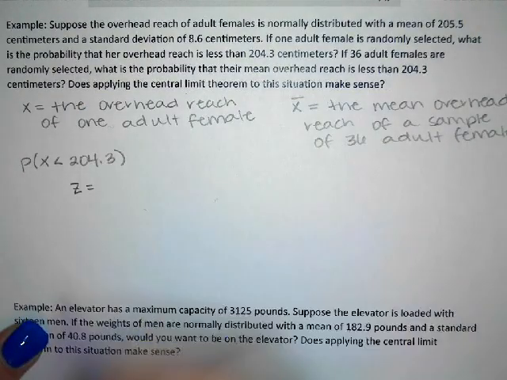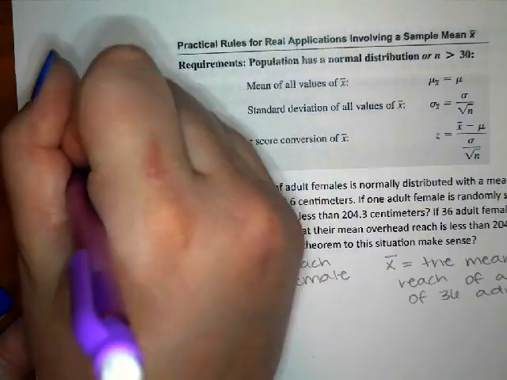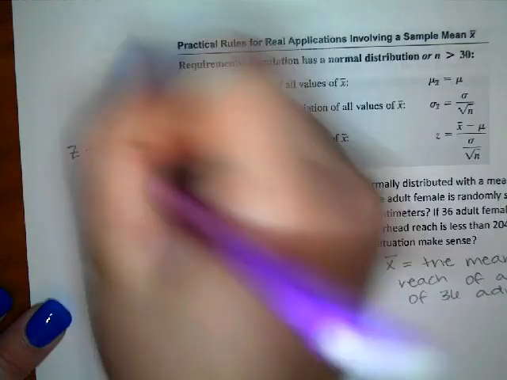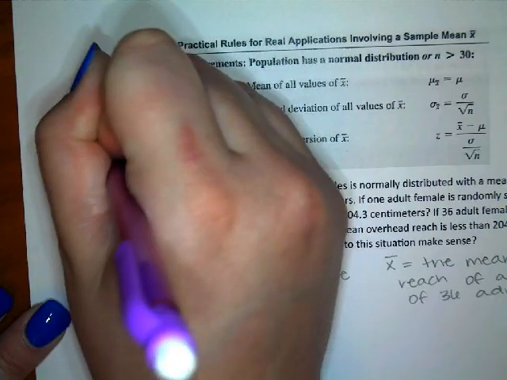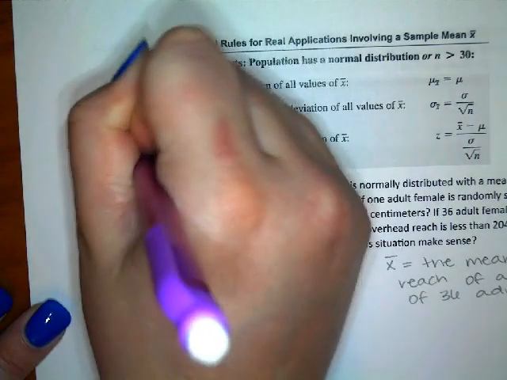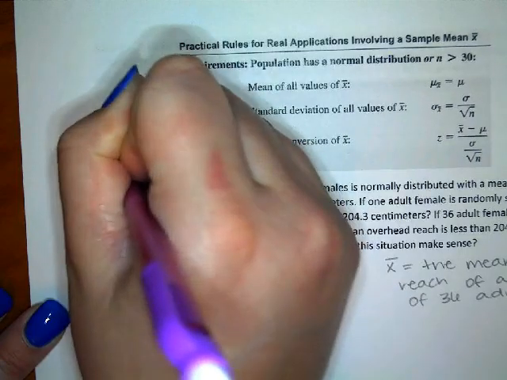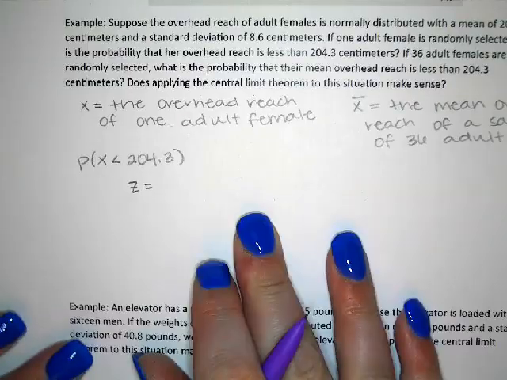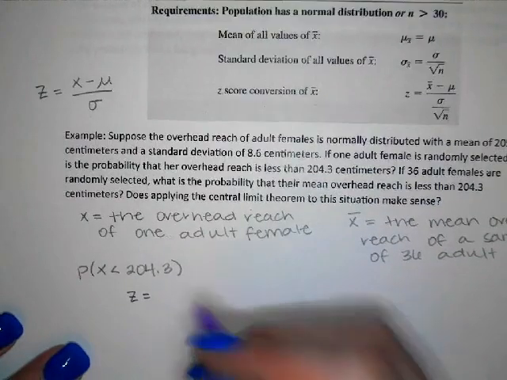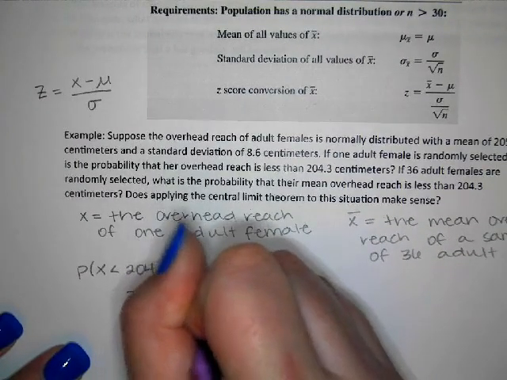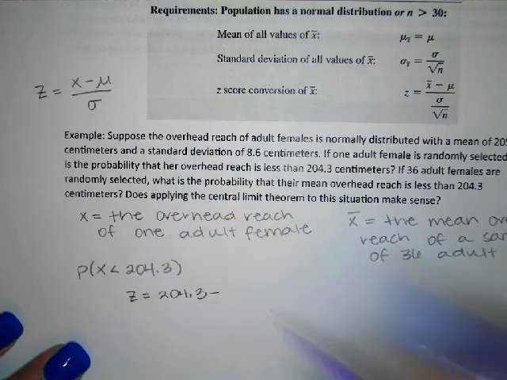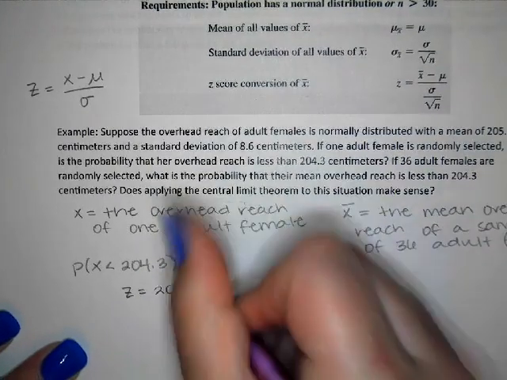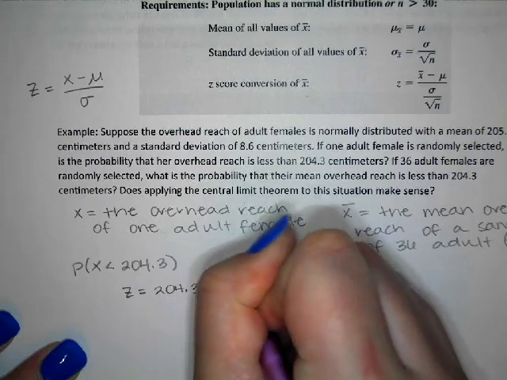I'm going to write my regular z-score formula up here, which is x minus mu over sigma. And so we've got 204.3 minus the mean, which is 205.5, over sigma, which is 8.6.